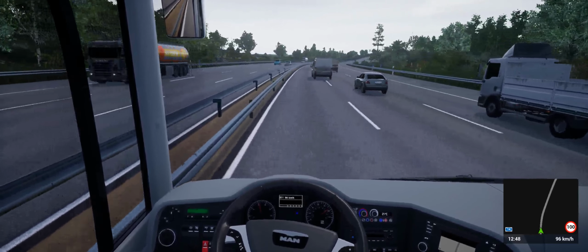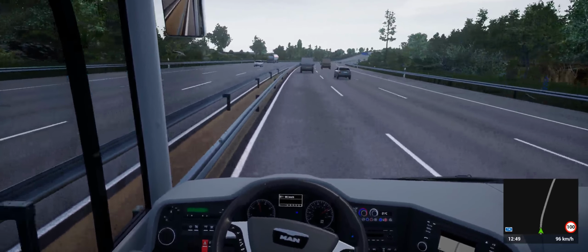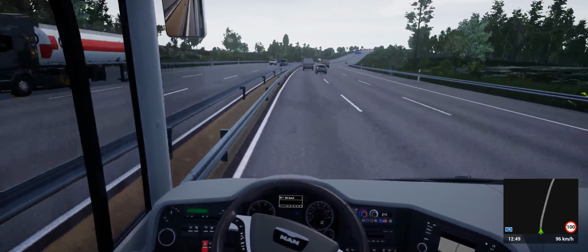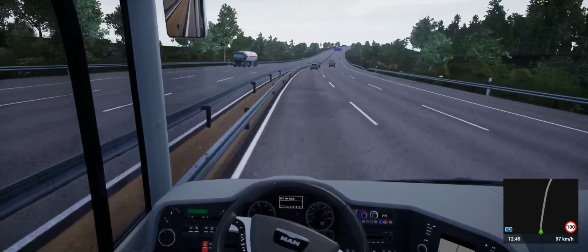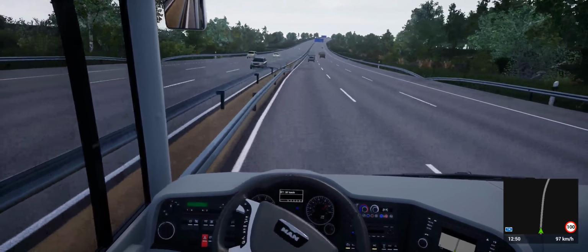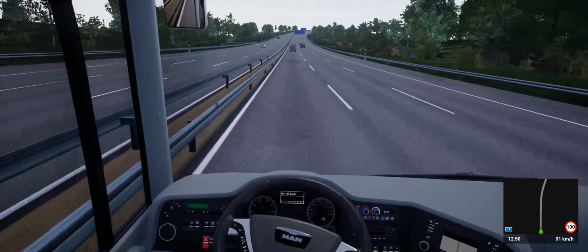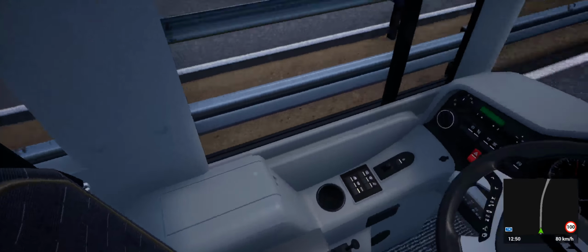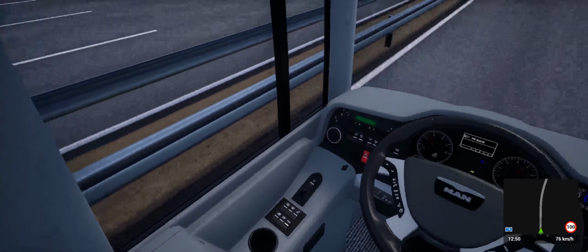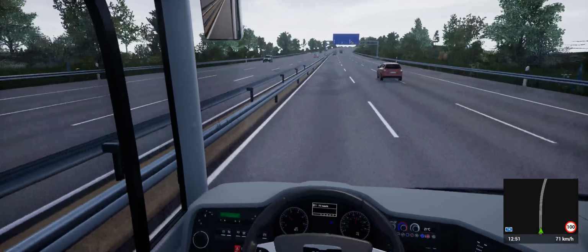I am using 0.3. It's a huge number. We cannot see anything within 30 centimeters from the driver's head. This is a problem in a bus simulator because if you look to the side, we must see those parts in the window. In my game, actually, it does not happen.